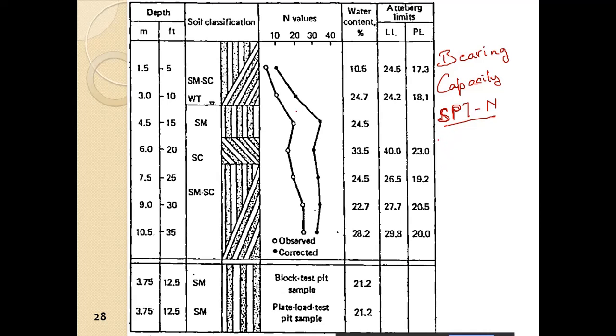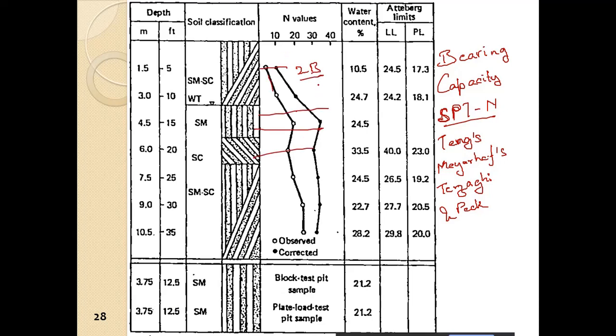So there is the Tang's correlation, then the Meyerhof's correlation, then the Terzaghi and Peck correlation. Directly from the SPT N value we can get this. We average the SPT N value out to twice B, and we can take that value.